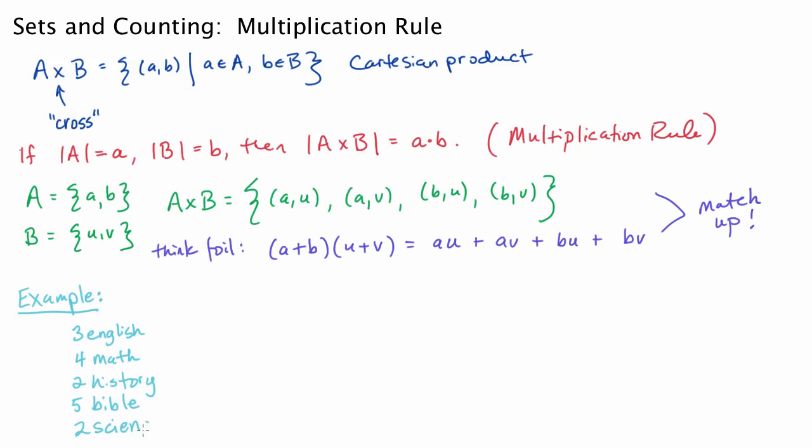So I have a lot of different options for the courses I can take, but what I need to do is pick one out of each piece. Now, in terms of our sets, we'll think of English as being set A, math as being the set B, set C will be history, D will be Bible, and so on. So the question I'm essentially asking at this point is how many schedules are possible?